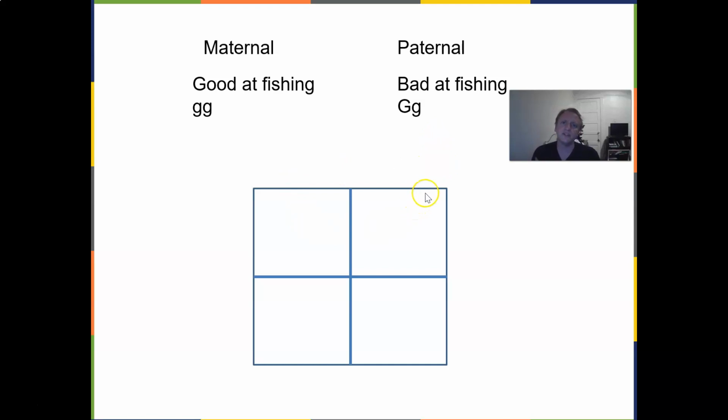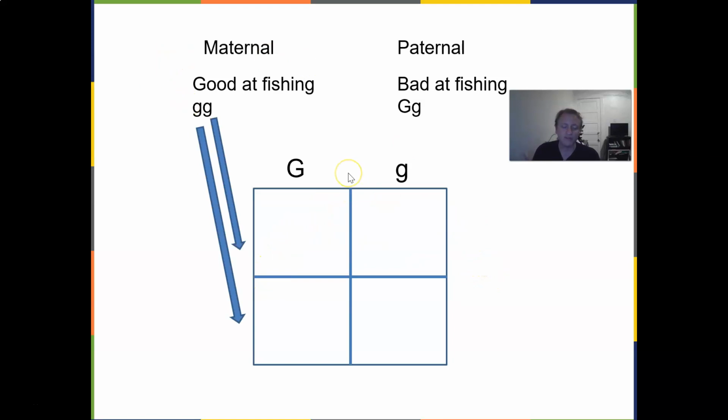When you're building a Punnett square, you put one set of parents' possible gametes, the alleles that they have available to pass on to the next generation, and we'll put dad on top here. So there are the letters for my dad's gametes that he can pass on to me. You take the other parent's alleles that they have available to pass on, and you put them on the side.